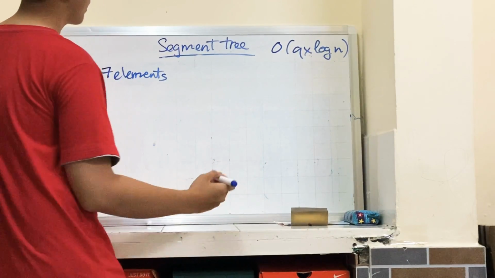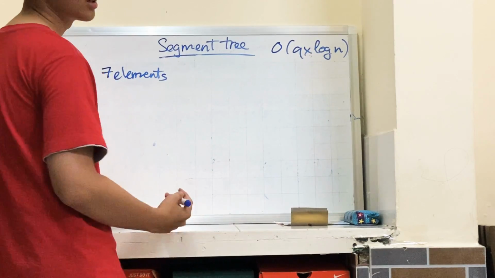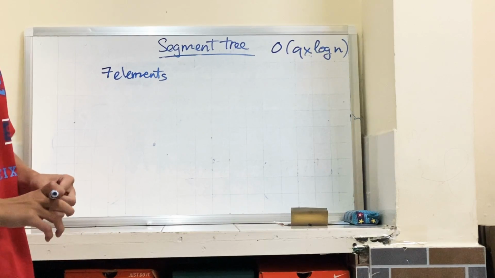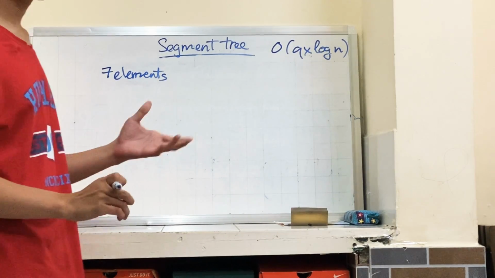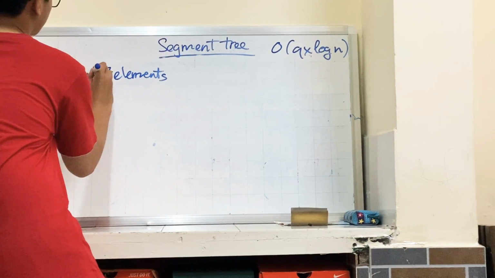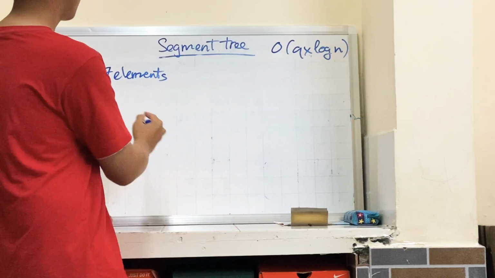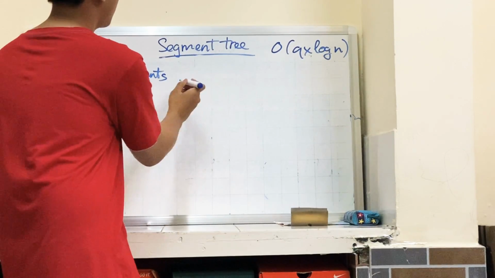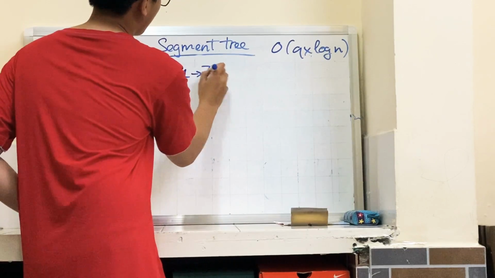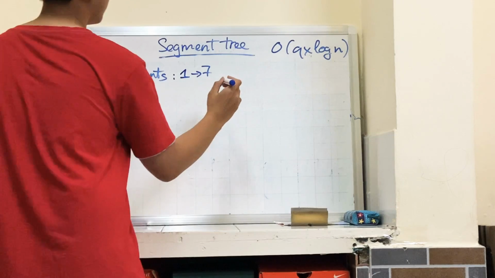The segment tree consists of nodes, and each node represents an interval of the array. For example, we have 7 elements from 1 to 7. So we'll build a segment tree.